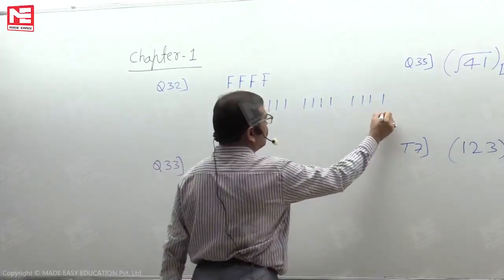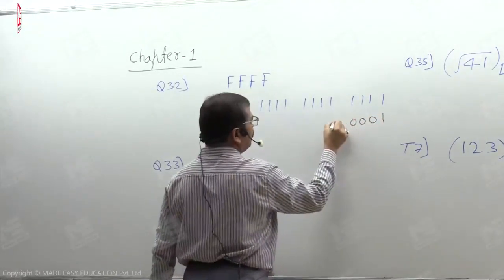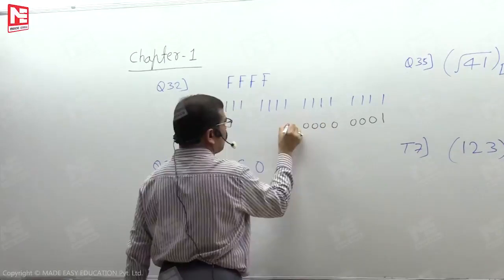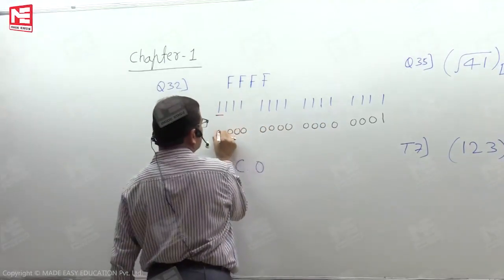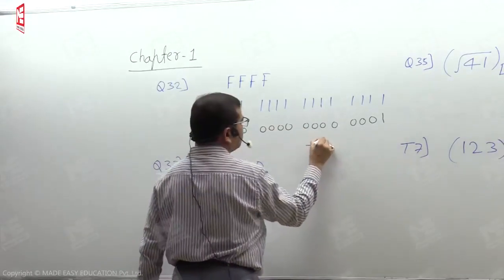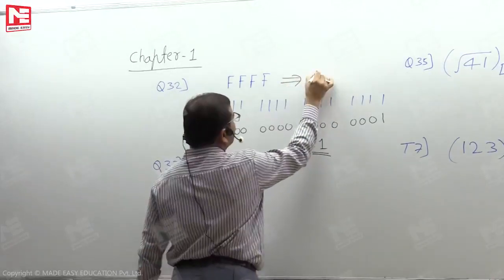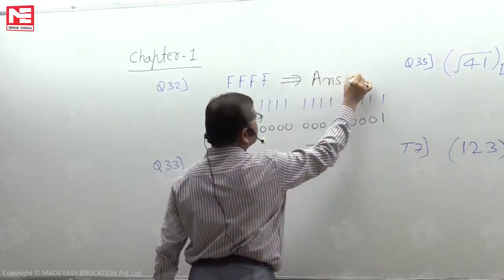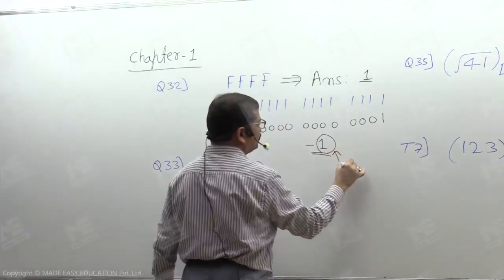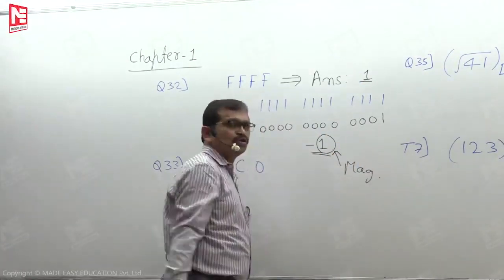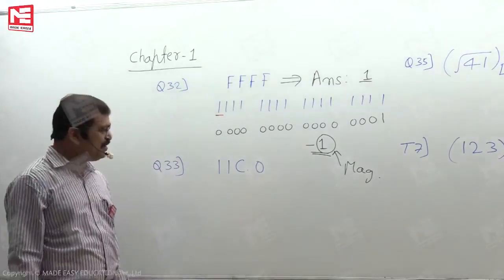While performing the 2's complement operation, it will be 1, remaining all will be 0. So the number is −1, but based on the question, our interest is only on the magnitude. So answer to this question is not −1. Answer to this question must be 1.